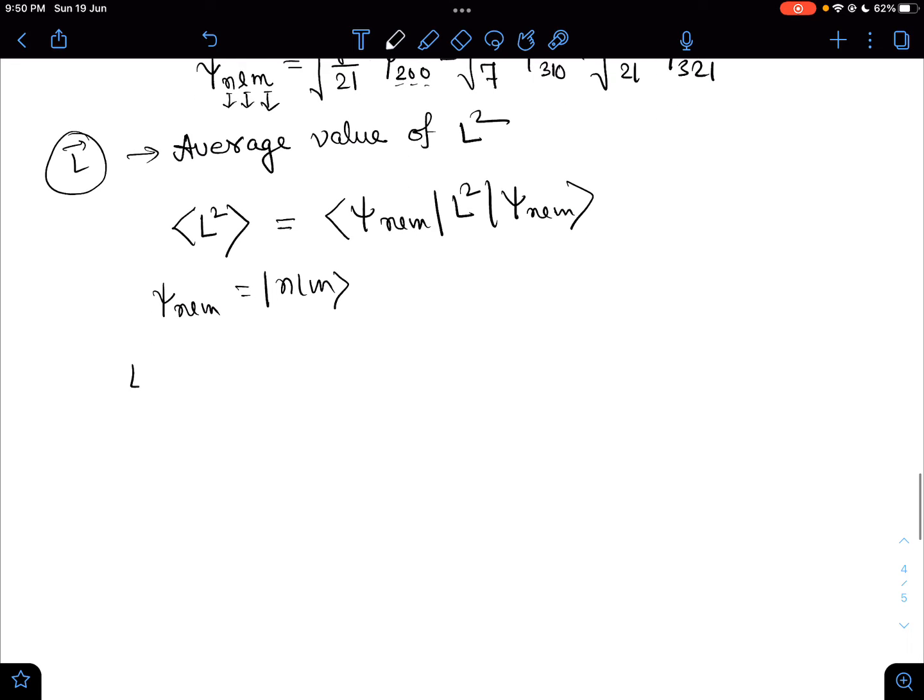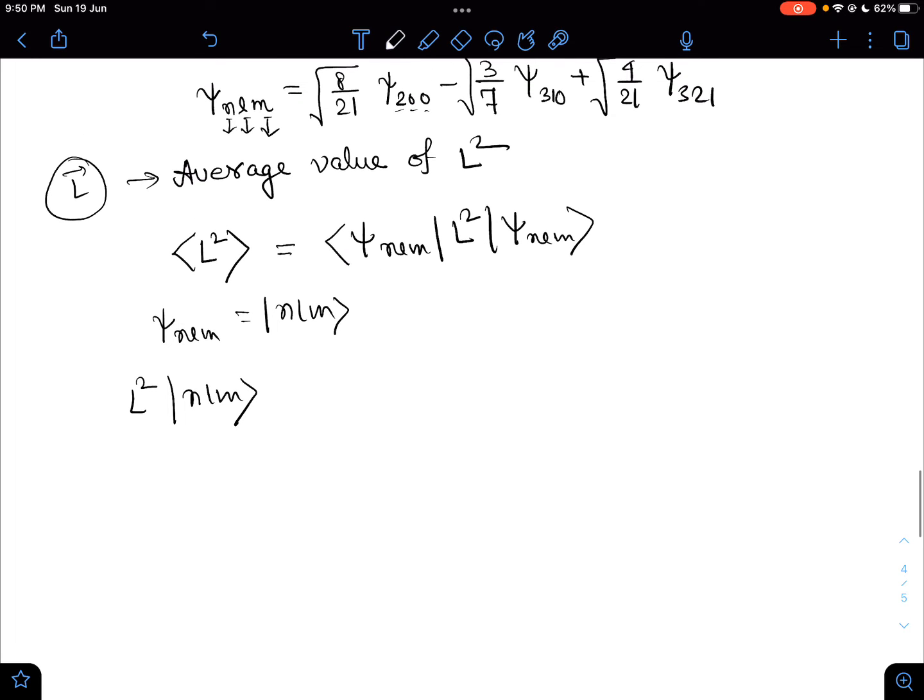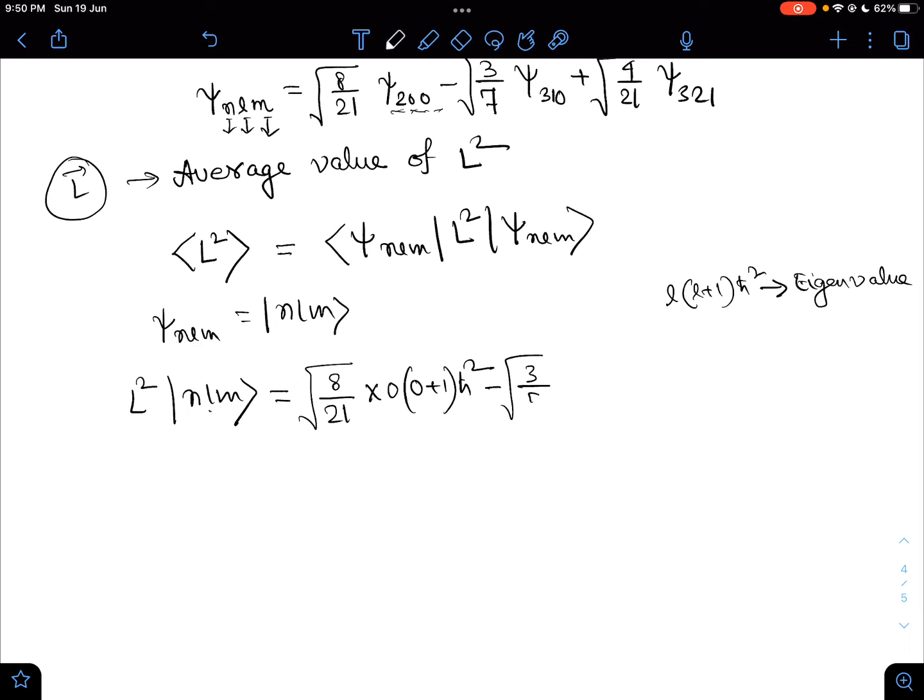Now what is L square |nlm>? We know that for a state which has l value l, L square will give simply l into l plus 1 h cut square. So this is the corresponding eigenvalue. For this wave function we have root under 8 by 21, and for 200 the l value is 0, so 0 into 0 plus 1 h cut square. Then we have root under minus 3 by 7.